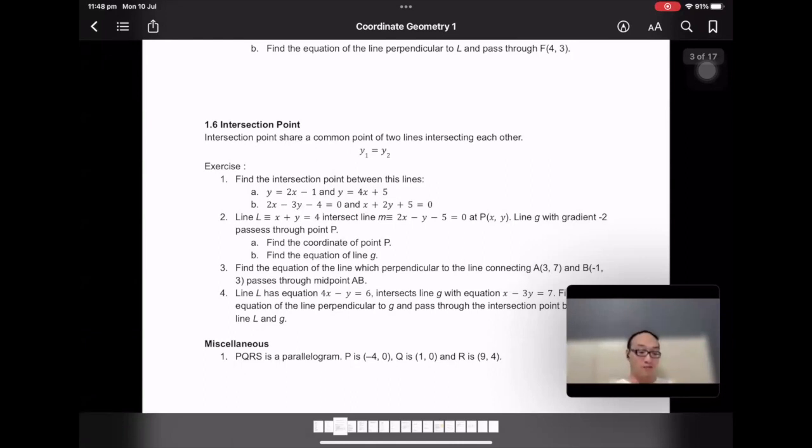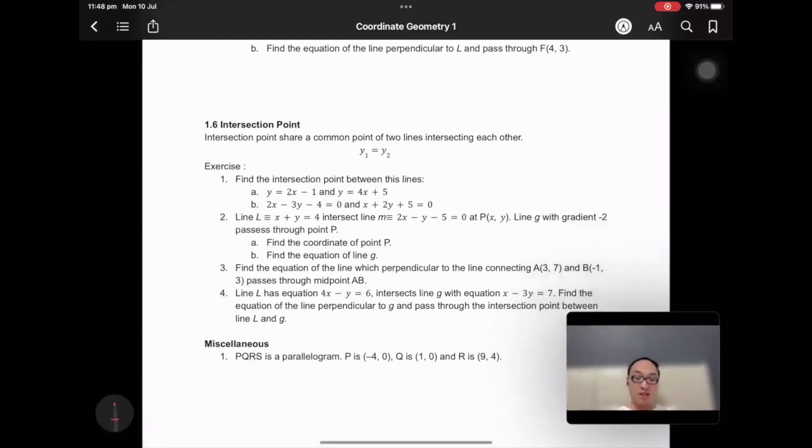Now, the one that you have to remember is that at the intersection point, the y coordinate is the same. The x coordinate is also the same, but we can use y1 equals to y2. So we can make the y the same, or you can just find the simultaneous equation.